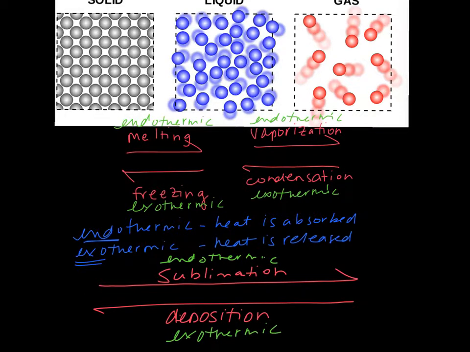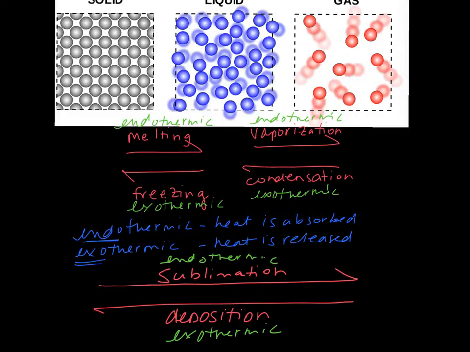All right. Okay, so before we move on to the next part, I want to talk about what is necessary for something to be able to melt or freeze or vaporize or condense: the environment that it's in. Water isn't going to freeze into a solid at room temperature. It's just not going to happen unless you are affecting the pressure somehow.